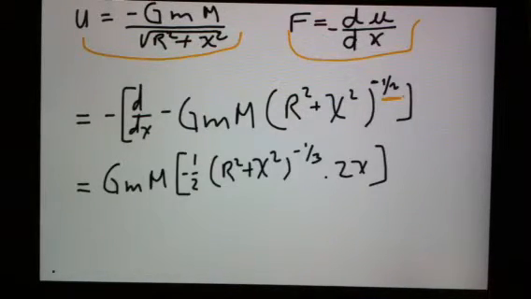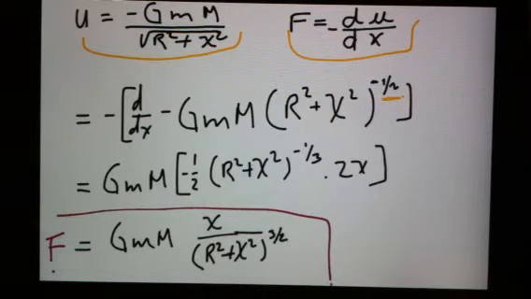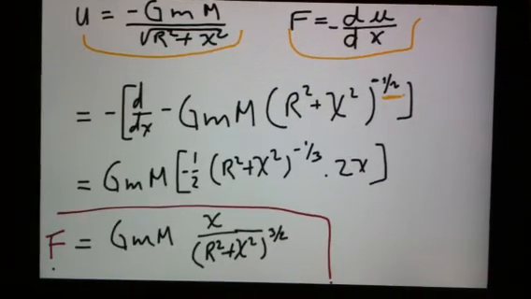Now I use the power and the chain rules to differentiate. Let's not forget that r squared is a constant. And we end up with the force that the ring generates over the particle.